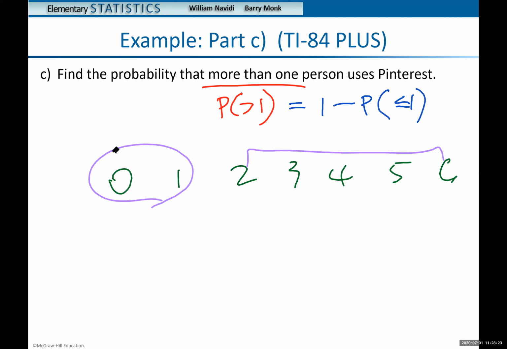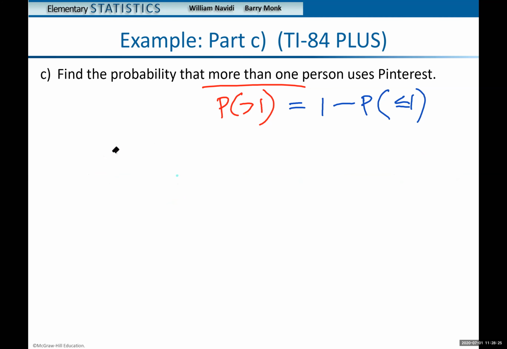So now we will be able to solve this. 1 minus P less than or equal to 1. So that is 1 minus binom CDF, because that is less than or equal to 1. So try that again.